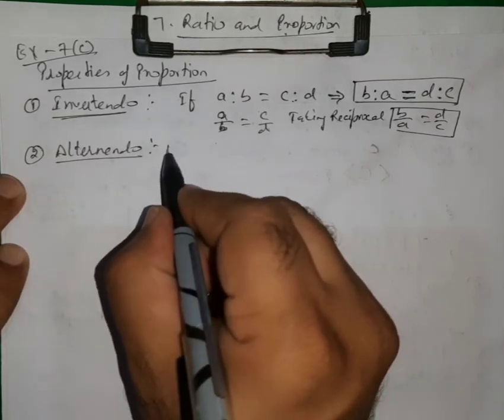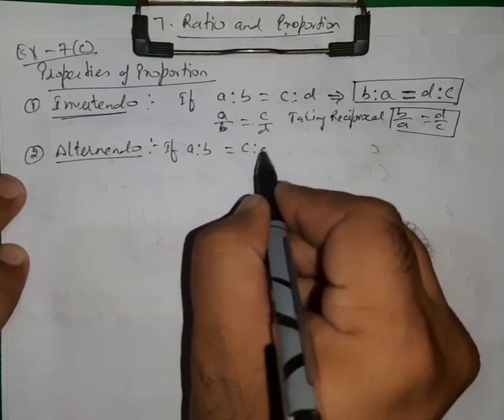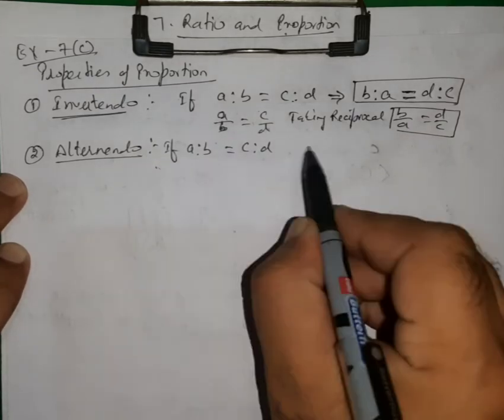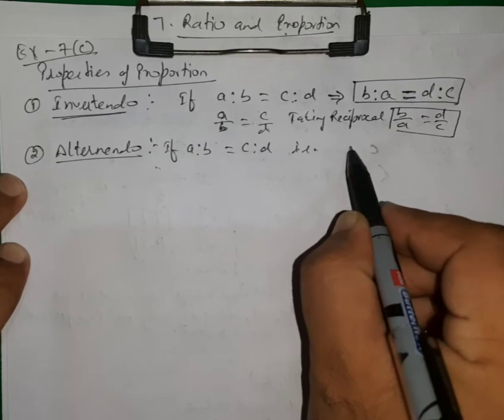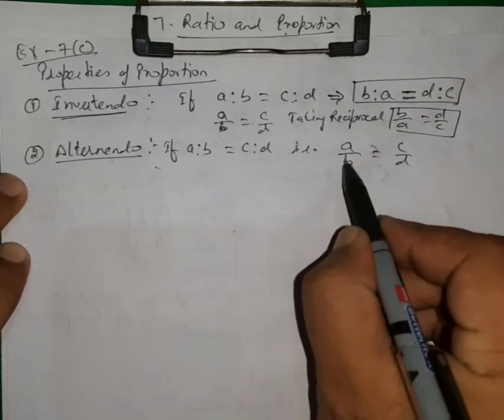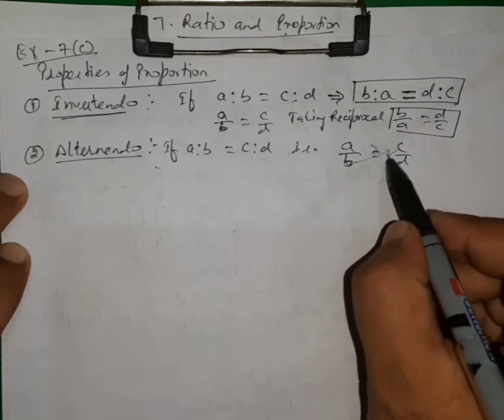According to this property, if A is to B is equal to C is to D, then we will cross multiply the things. This means A over B equal to C over D. Now what we are doing is taking this from here to here and this from here to here.